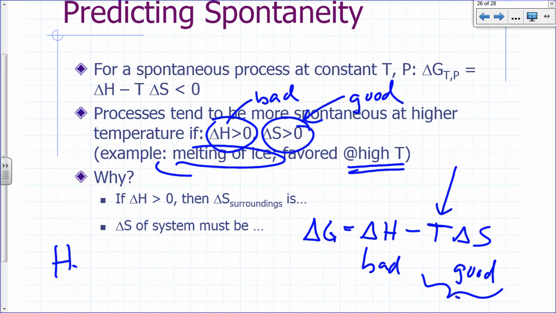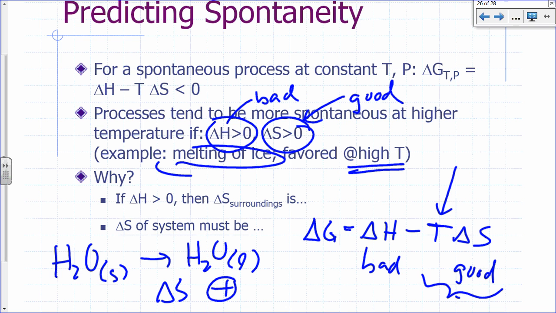If you go from solid ice to liquid water, delta S for that is positive, but that's also endothermic. For ice to melt, it has to absorb heat from the surroundings. So delta H positive would mean a negative delta S of the surroundings, and that's what makes it bad. So delta S of the system has to be positive to compensate for that, and to compensate for that, you need a higher temperature to go along with it.